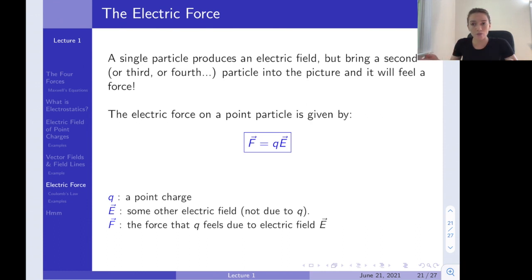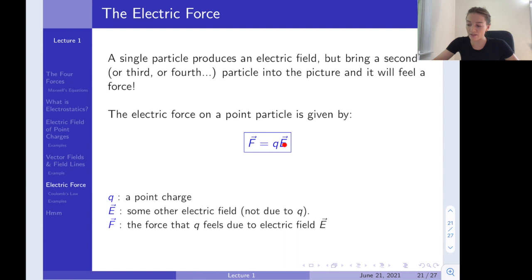So the electric force is just the charge times the electric field. Now be careful here because this Q here is the Q that feels a force. So this force is the force that this charge Q feels. This electric field is some external electric field due to some other charge. So what this equation is saying is that some charge Q feels this force due to this electric field.